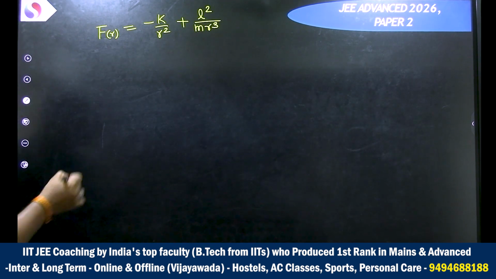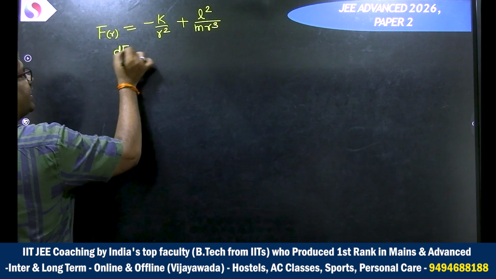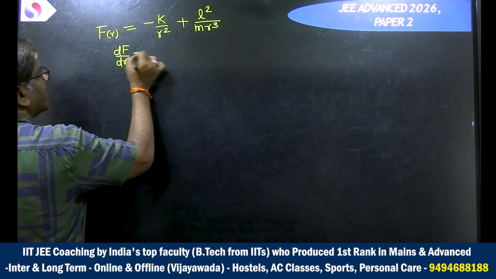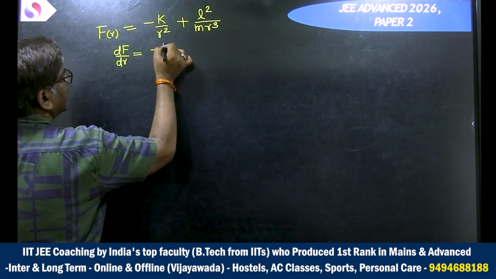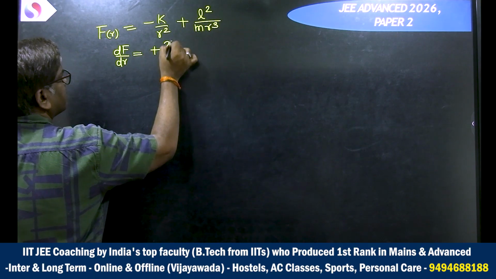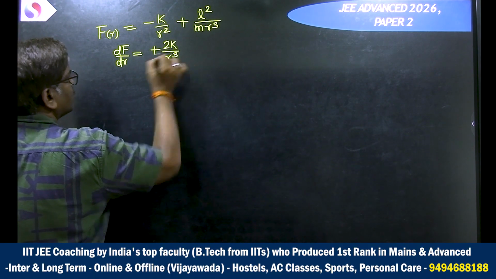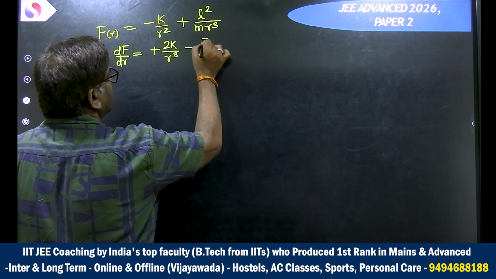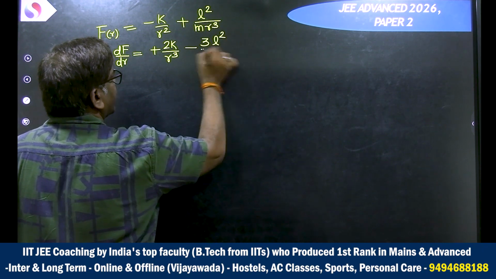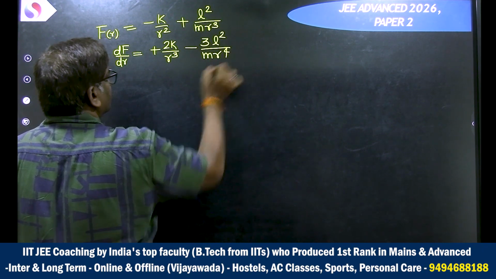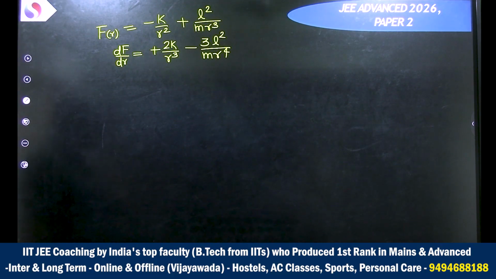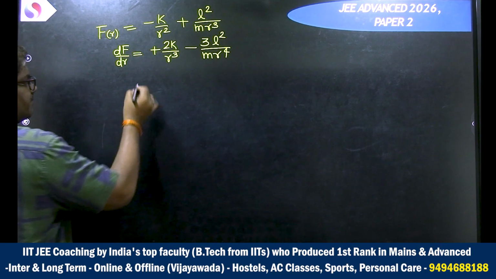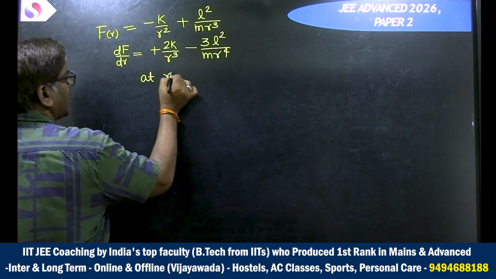So what is df by dr? df by dr will be equal to 2k upon r cube, minus 3 L square by m r to the power 4. This will be at r equals r naught.